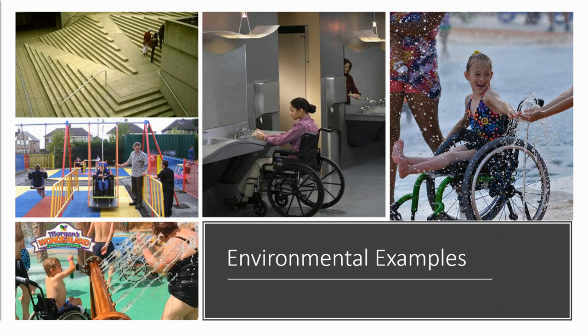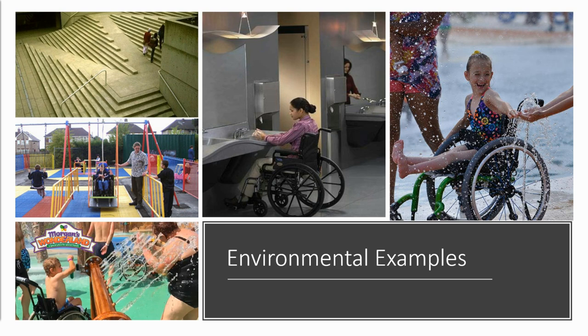So here are just some visual examples of what universal design looks like in the environment. So you'll see in the top left one, it is a ramp and stairs that are in the same location so that someone that needs to use the ramp isn't isolated from somebody using the stairs. Below that, you have an accessible swing next to a more typical swing, but they are participating together. In the picture of the bathroom, you have a sink that is accessible to all people, including those who use a wheelchair.